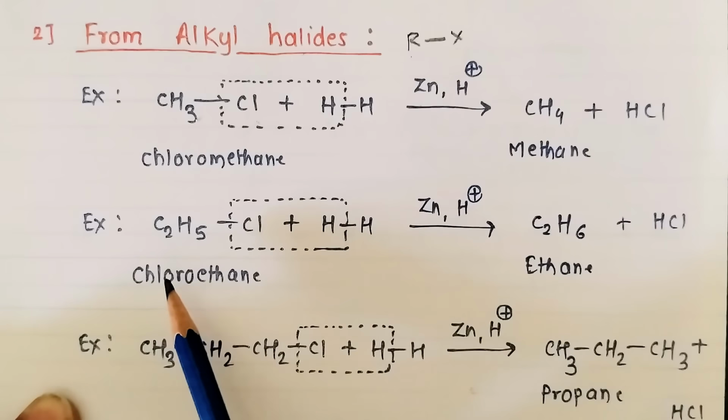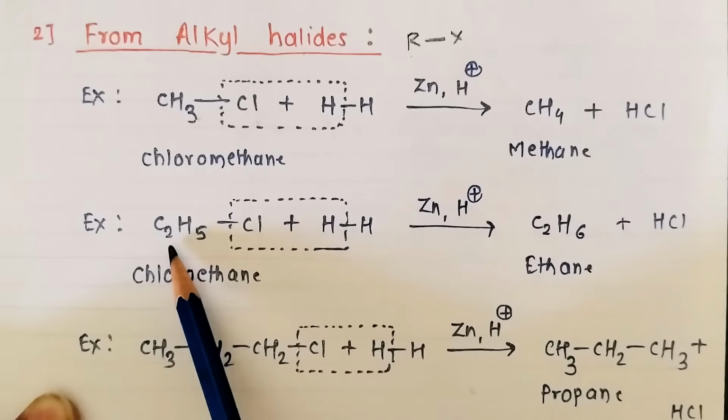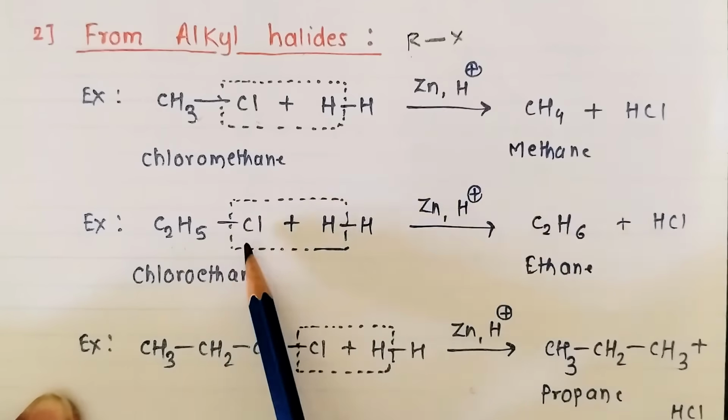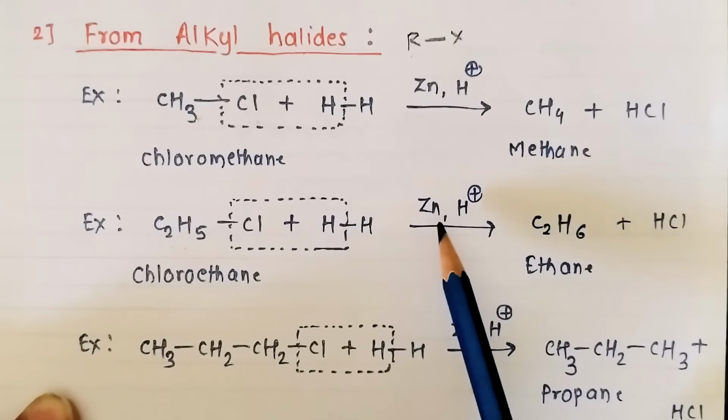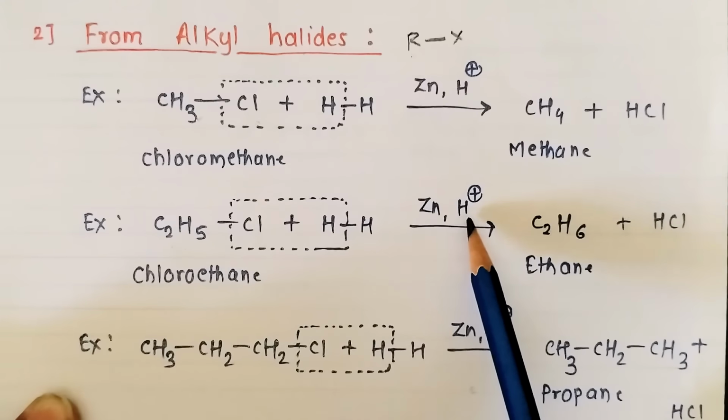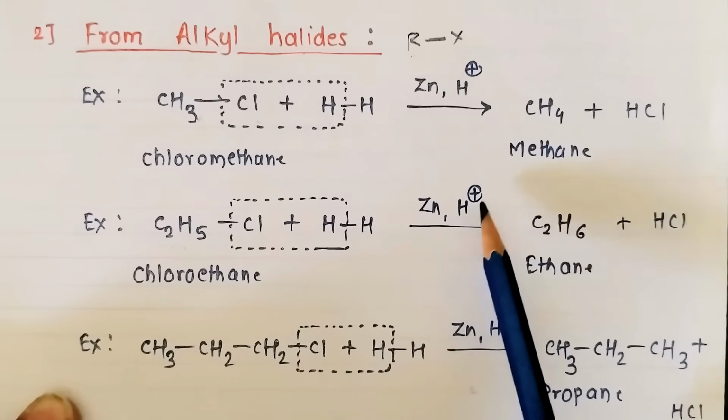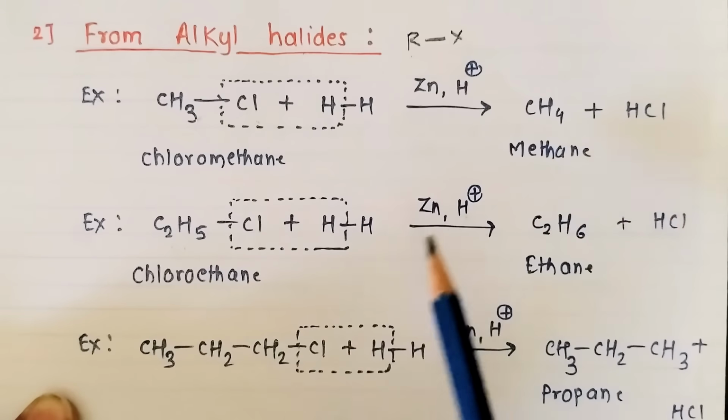Now we take the second example, chloroethane. Chloroethane reacts with H2 in the presence of zinc and dilute HCl. Here the acid is represented by H plus. HCl is an acid, that's why we represent it as H plus.